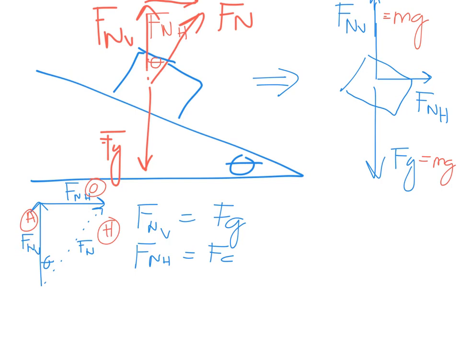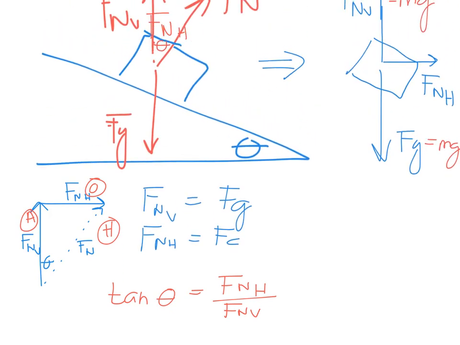That's going to help us when we need to figure out what FNH is. In order to get FNH, I'm going to have to use the opposite and the adjacent side. Usually I might know something about the hypotenuse, but I know the adjacent side this time. So I'm going to use my trig ratios, and I'm going to say the tan of theta would be equal to FNH over FNV.